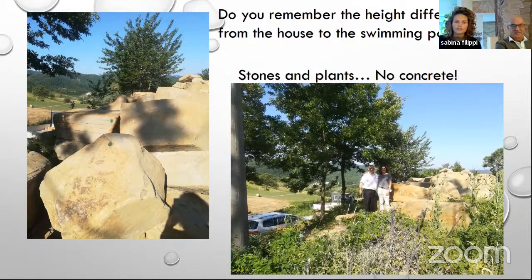Our boulders are made of sandstone, and we chose them from a local quarry. We had to face the challenge that each boulder had a different size, so the sizes were not standardized. So we had to choose the boulders one by one to fit in our project.